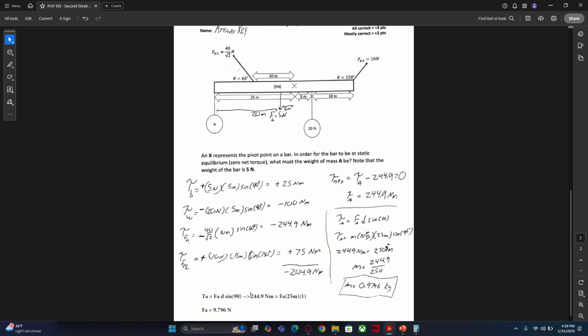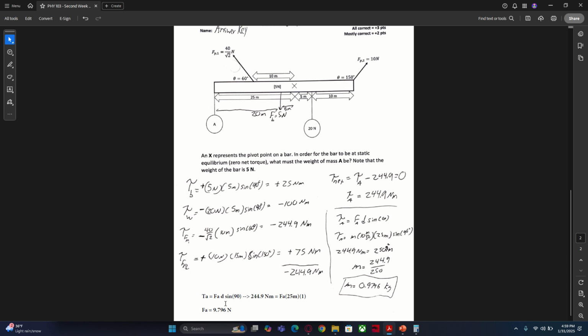Torque of A was already determined to be 244.9 Newton meters. And the force of A multiplied by the distance, 25 meters, times 1, which is what sine of 90 equals.